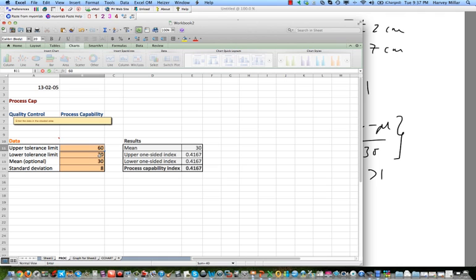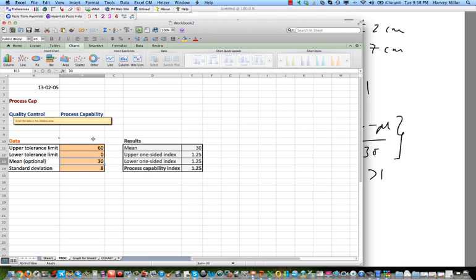And then if I went down to a lower tolerance limit of, say, 0, then all of a sudden I'm at 1.25, as you can see. So the mean is still 30, but I have a much wider tolerance now, and so my process capability is pretty good. There's a pretty good chance that I would not create any defects with this process.